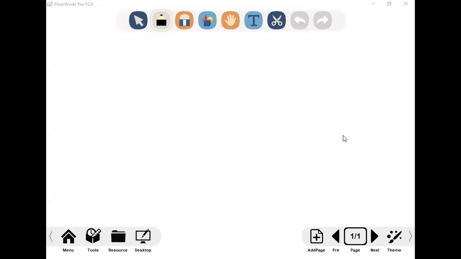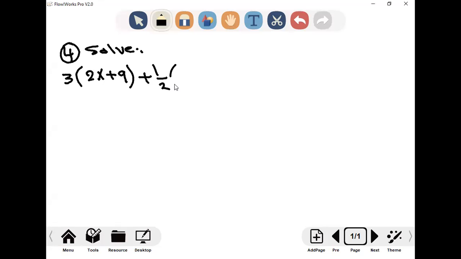Which question now? Question 4. Solve 3 multiplied by 2x plus 9, plus half multiplied by 4x minus 8, all equal 55.